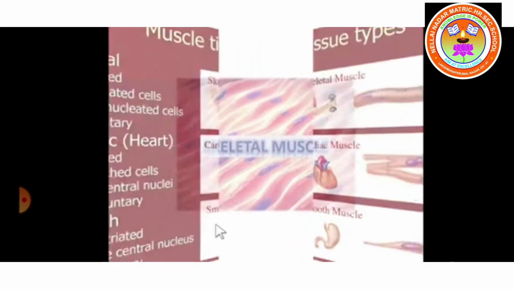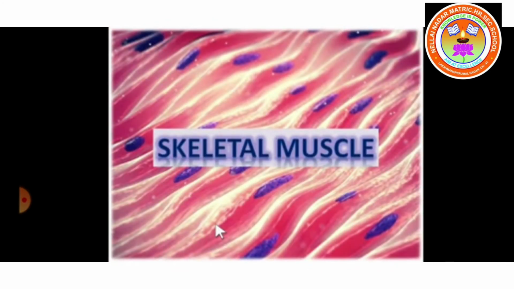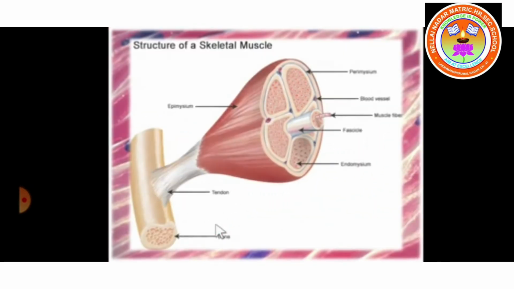Now let us see in detail about skeletal muscles. Skeletal muscles are attached to the bones with the help of tendons. You already have seen that muscles are attached to the bones only by tendons.